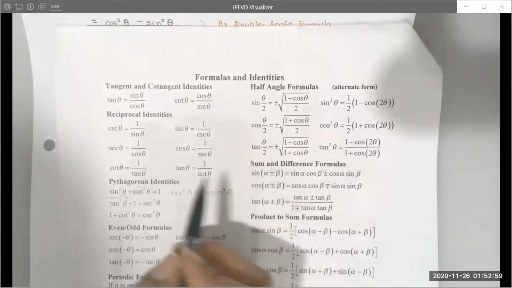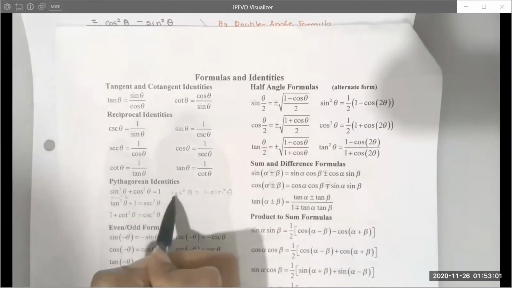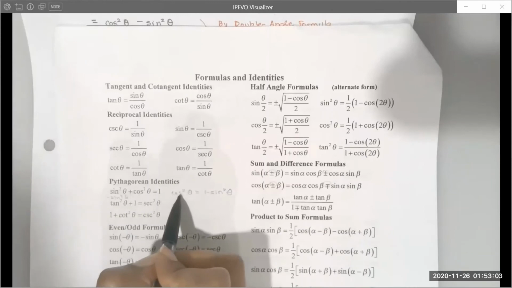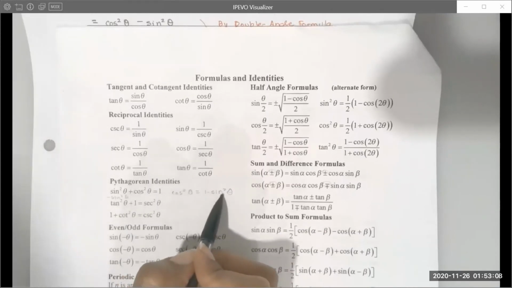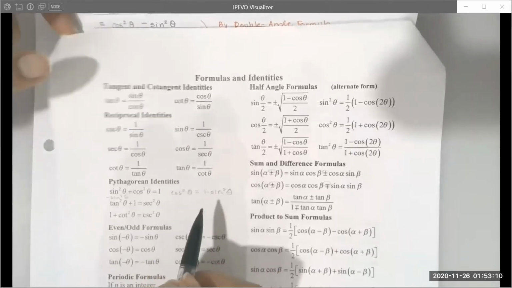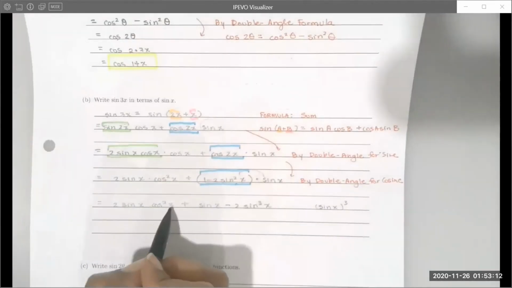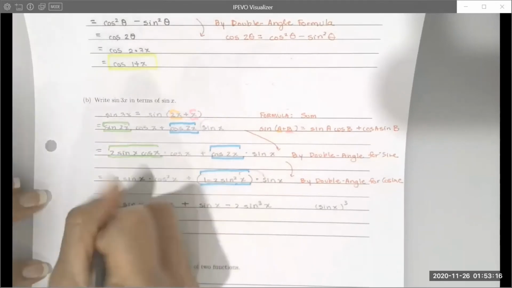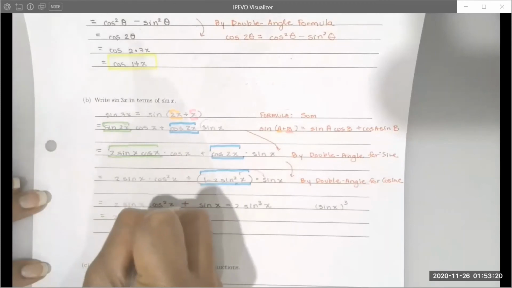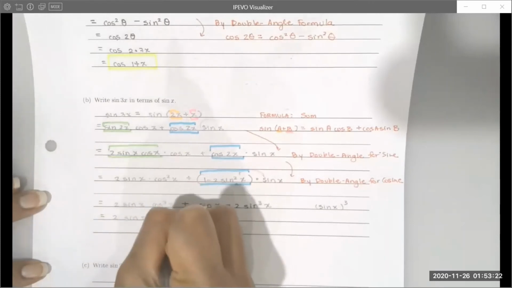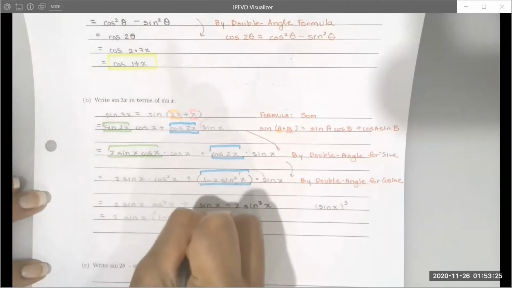But now it might actually help us because when we solve for the cosine squared, that gave us 1 minus sine squared theta. In our case, we have a variable of x, which we can replace for theta. So this is going to be 2 sine x times 1 minus sine squared x.